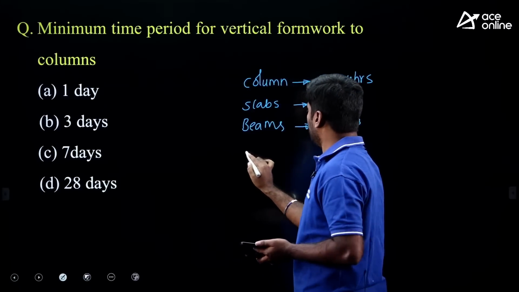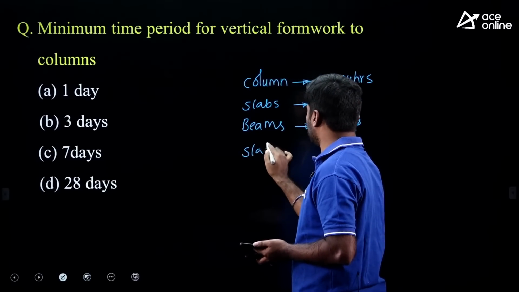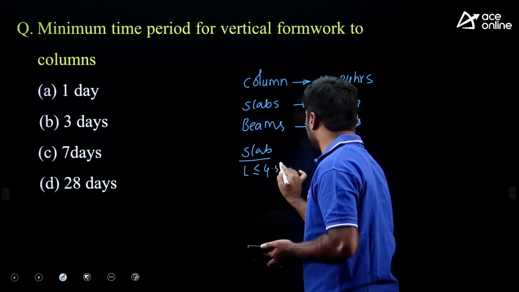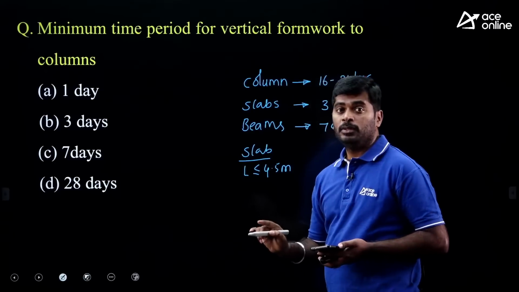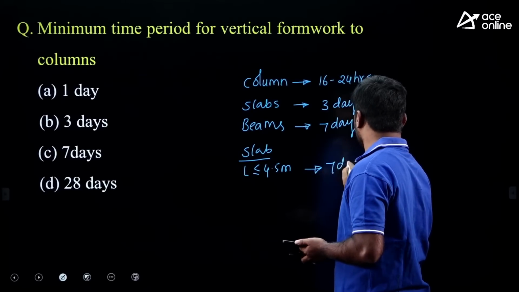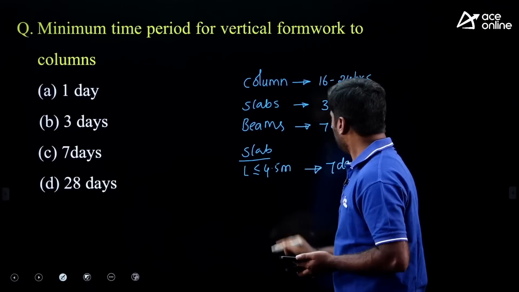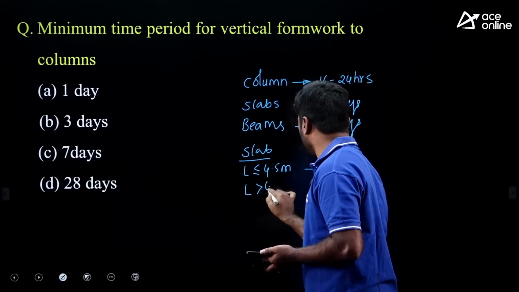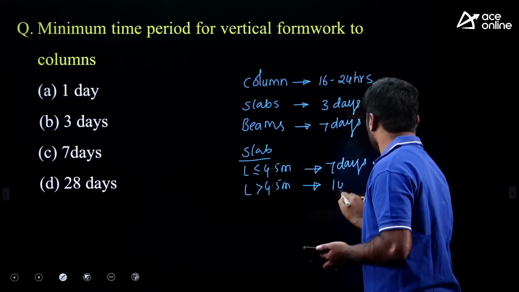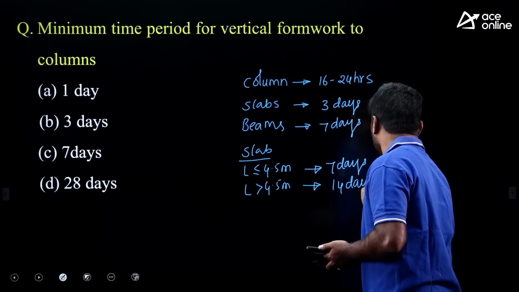Then coming to the props of slabs: when the span is up to 4.5 meters, we have to remove the props after 7 days. My dear, if the span is more than 4.5 meters for slabs, we have to keep the props up to 14 days.